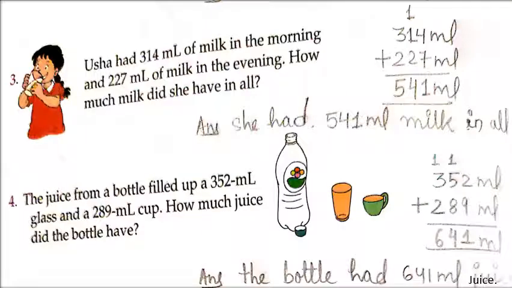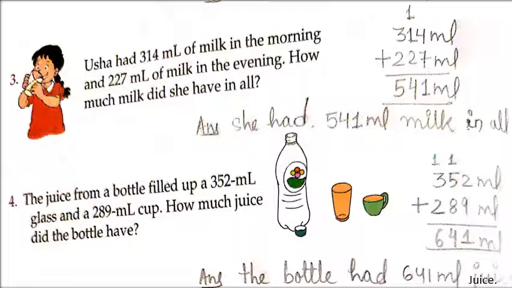Now children, next question, question number 3. Usha had 314 milliliters of milk in the morning and 227 milliliters of milk in the evening. How much milk did she have in all?